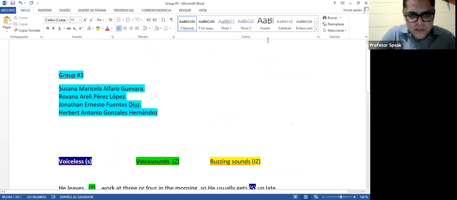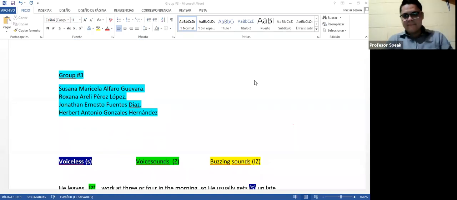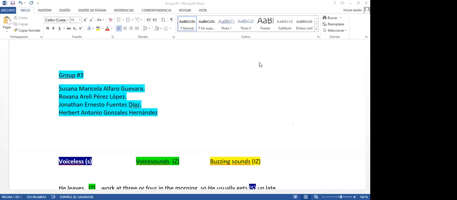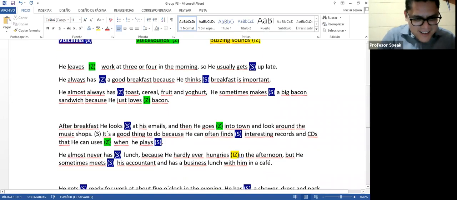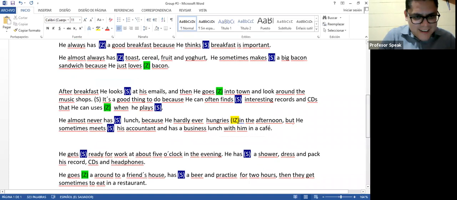Okay, it's the green one. You can copy any word with this color and then modify it. Okay, see.